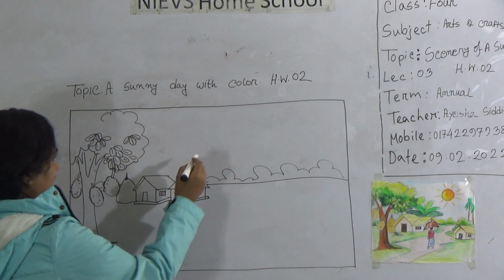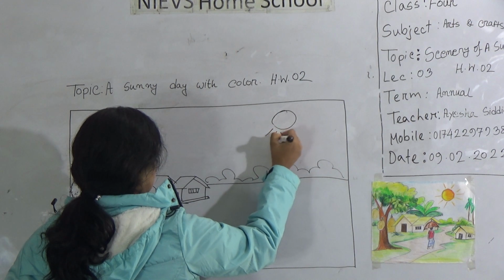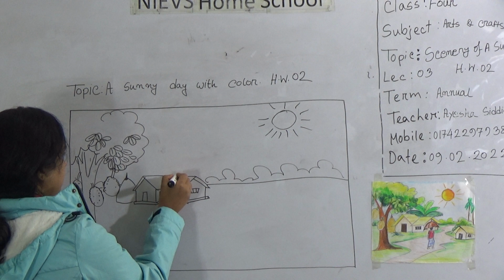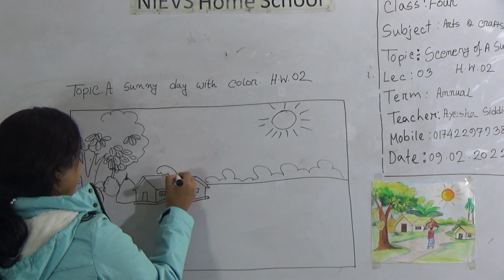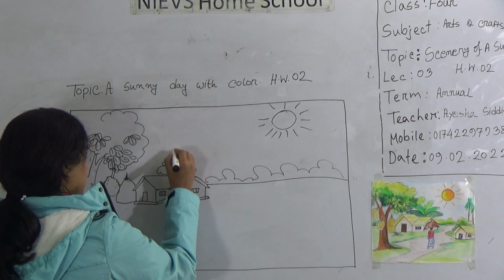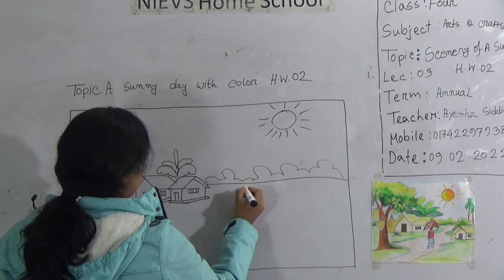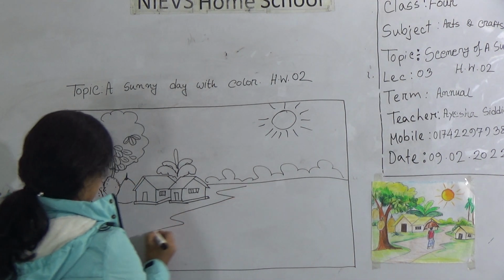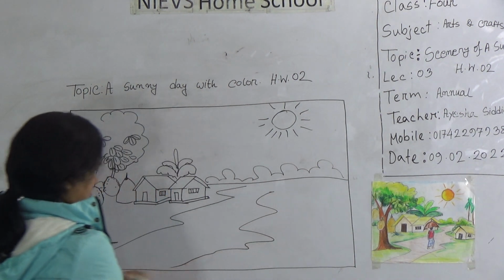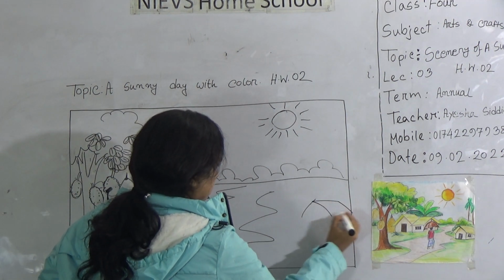And though I have mentioned first that it is a sunny day, I must draw a sun. And for detailing, I have used here some banana trees, and give a road, and here another house.